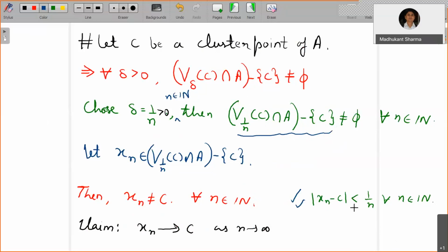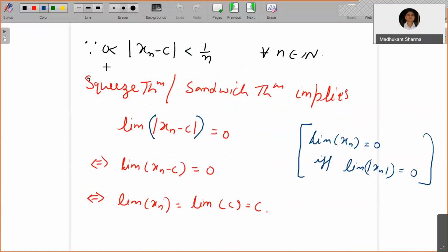So certainly xn will satisfy the following: mod xn minus c is strictly less than 1 by n for every n belonging to the natural numbers, which tells you by the comparison test that the limit of xn is equal to c. The claim is xn tends to c as n tends to infinity. Since 0 is less than mod xn minus c, which is less than 1 by n for every n, the Sandwich theorem tells you that the limit of mod xn minus c is equal to 0.